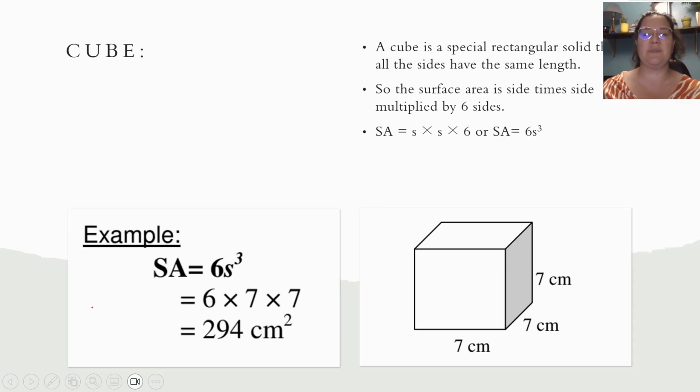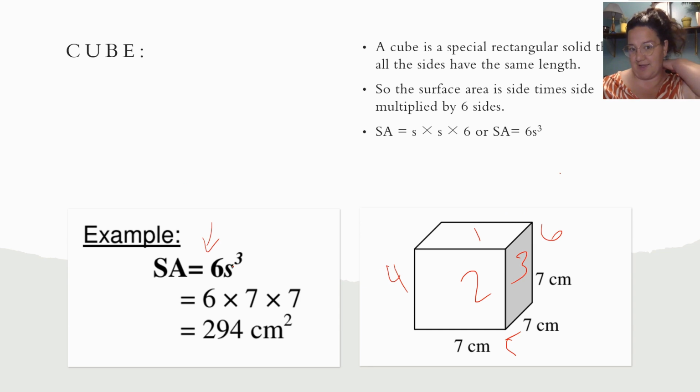Okay, looking at a cube, this is a special rectangular solid because all 6 sides, 1, 2, 3, 4, the bottom, 5, and the back, 6, are the same. So you can take a cube and we'll go 6 multiplied by each side squared. Or you can simply do the same as you would for a rectangular solid by going 2 times length times width, 2 times base times height, and 2 times base times length.